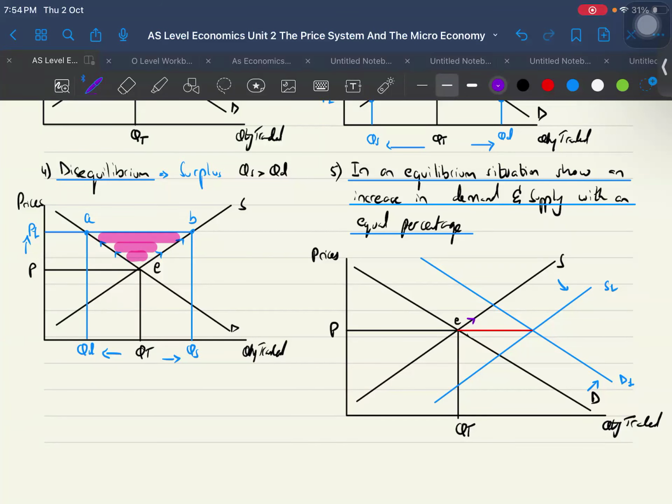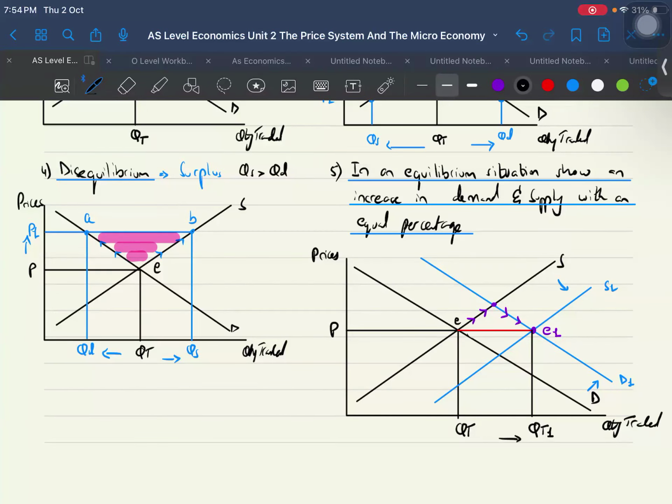The equilibrium moves from E to this point, but here we won't be making an equilibrium as the diagram is not completed yet. This point moves downwards, and now this is the new equilibrium where S1 and D1 intersect. Moreover, this is going to determine the new quantity traded in the market.